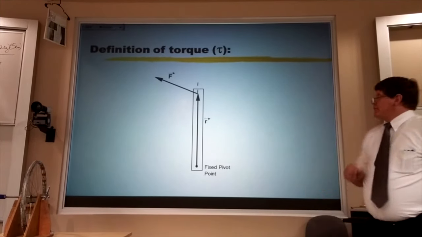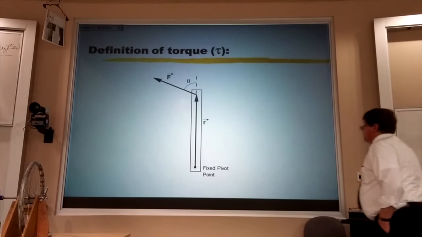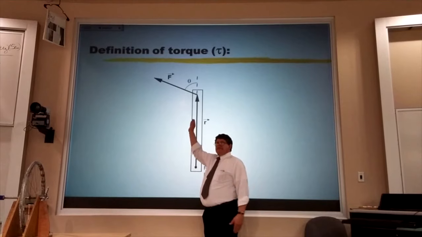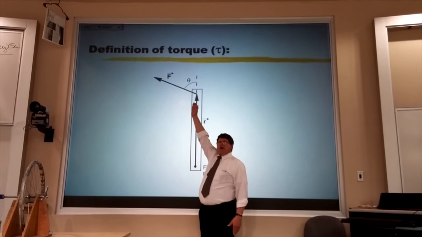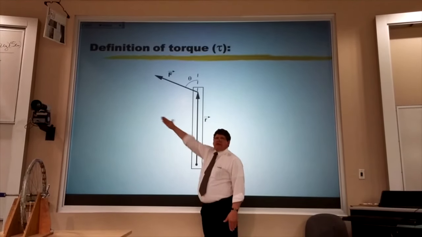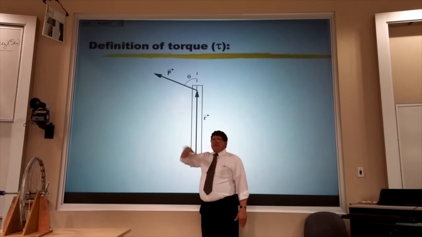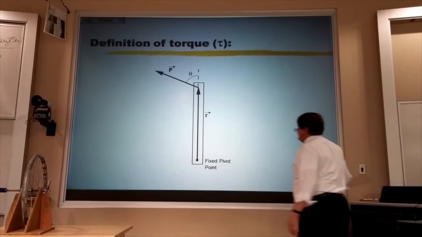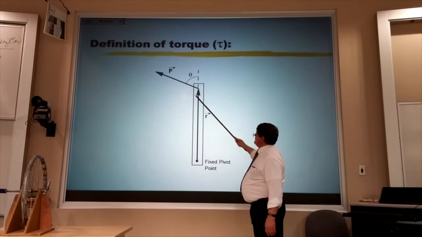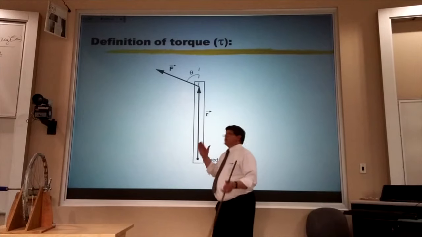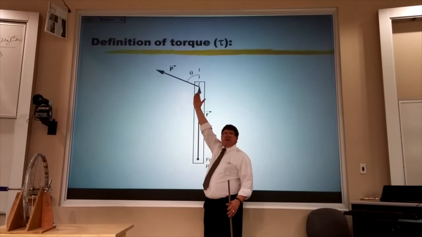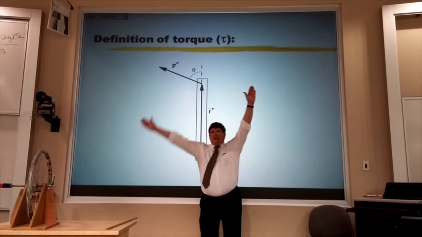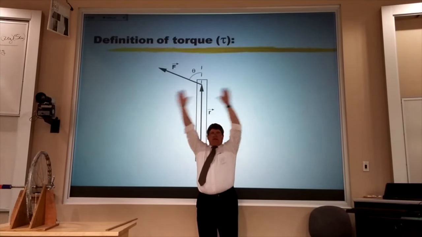The next thing we have to do is define this angle, and listen carefully to my words. This is the angle between the direction of r and the direction of F. Don't ever say it's the angle between r and F, because that's going to make you want to use this angle here. It's the angle between the direction of r, which is towards the ceiling, and the direction of F. So if r is towards the ceiling and F is that way, it's this angle here.